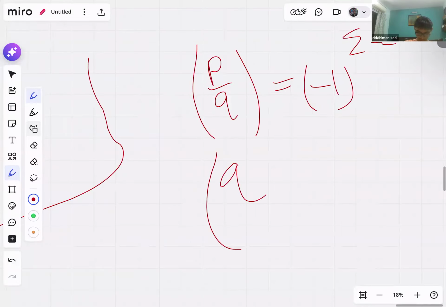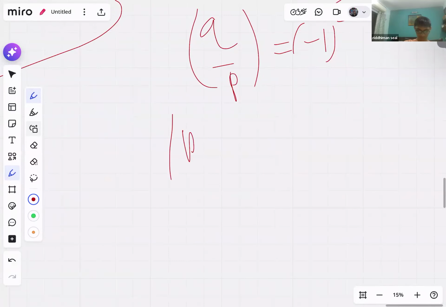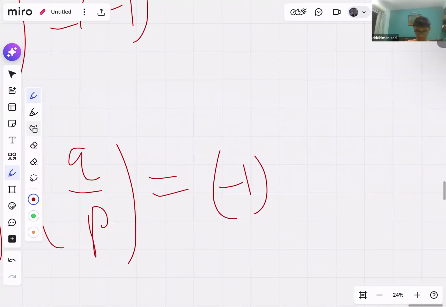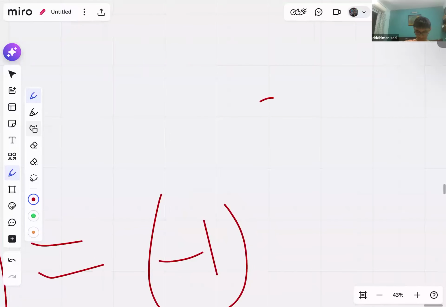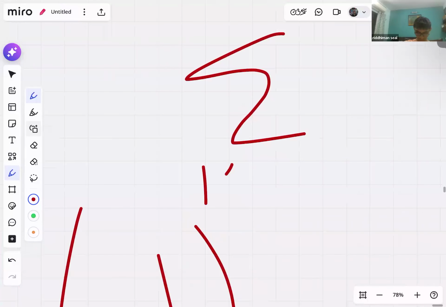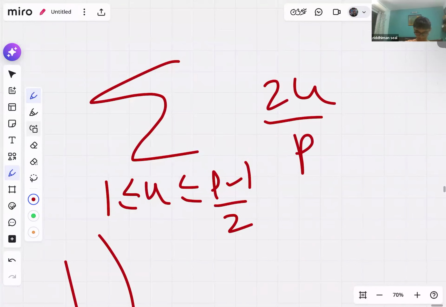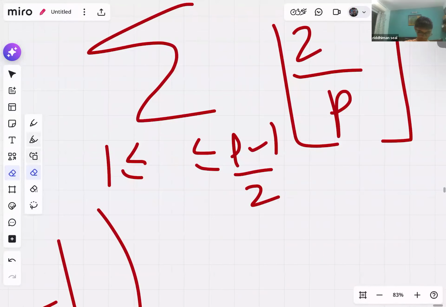And we know that the Legendre symbol of q with respect to p is also minus 1 to the power of some summation. So if you take the product, this into this, minus 1 to the power, it's just the addition of these summations. Okay, I will just write.